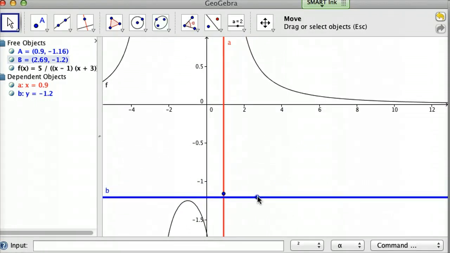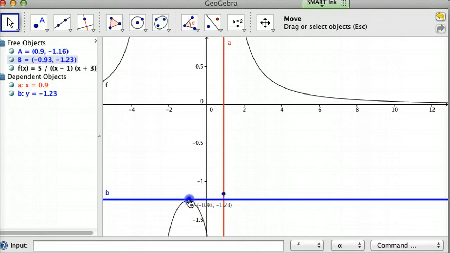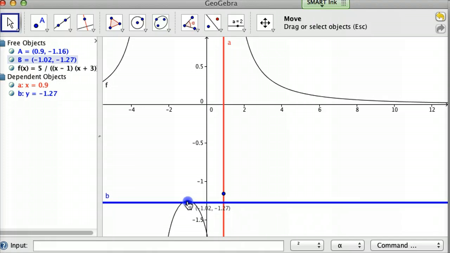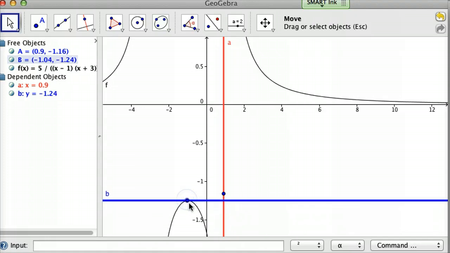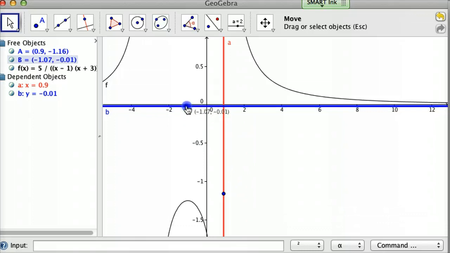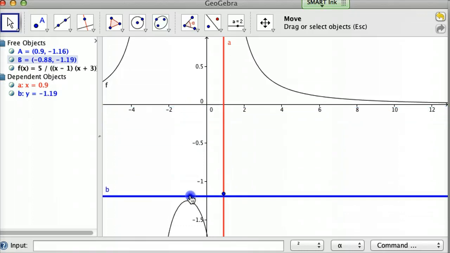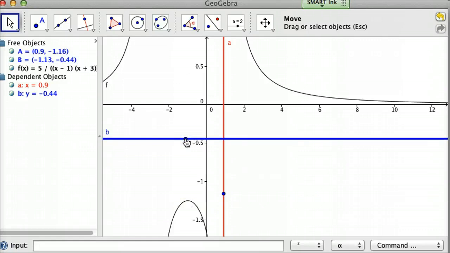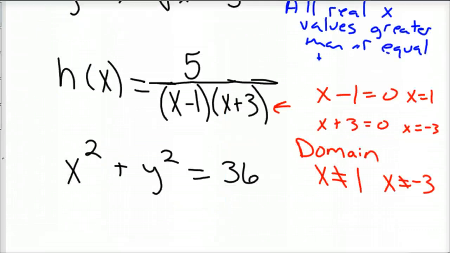For now, without going into any heavy detail, because I've got one more I want to show you, it looks like my y value of maybe 1.25. So from 1.25 to 0, nothing occurs. I kind of gave you a nasty one, but usually the range is all real numbers, but in that case it's not.